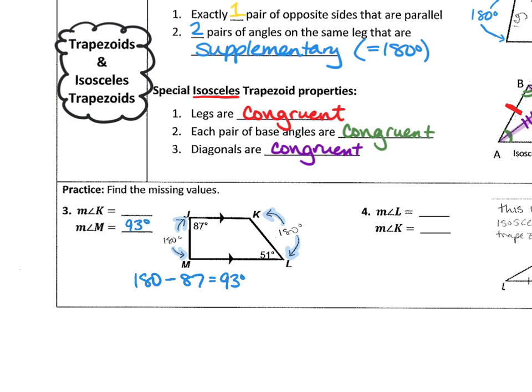What's the tiny little math problem I'll do to find K? I agree. For the other side, 180 minus 51, which fast forward through that math, is 129. So we can use the idea of supplementary angles to find the missing angles in a trapezoid.